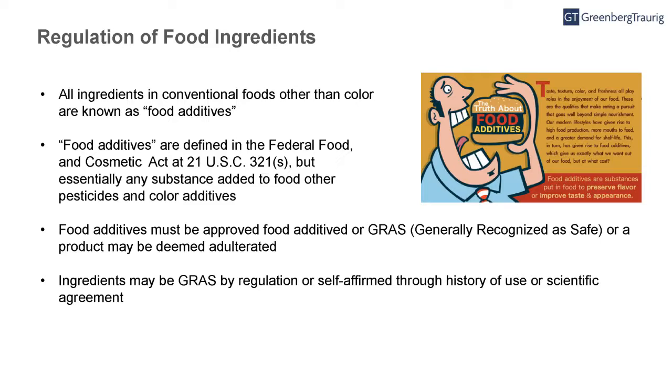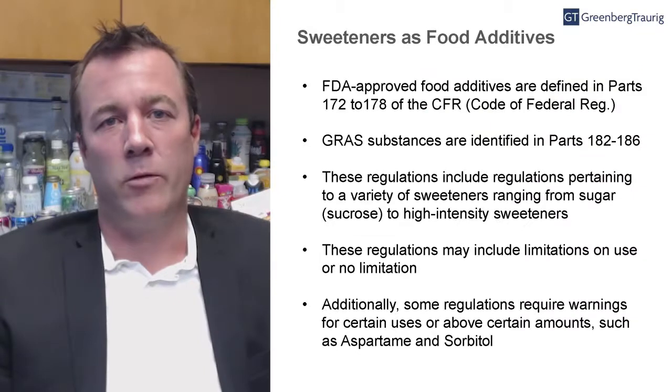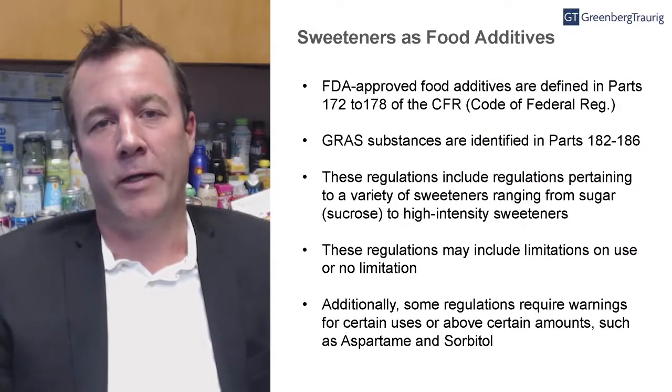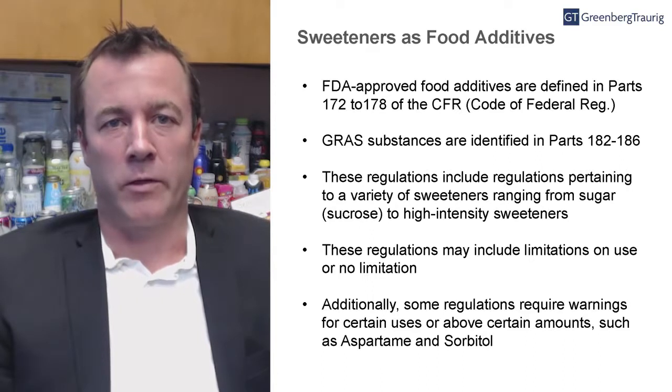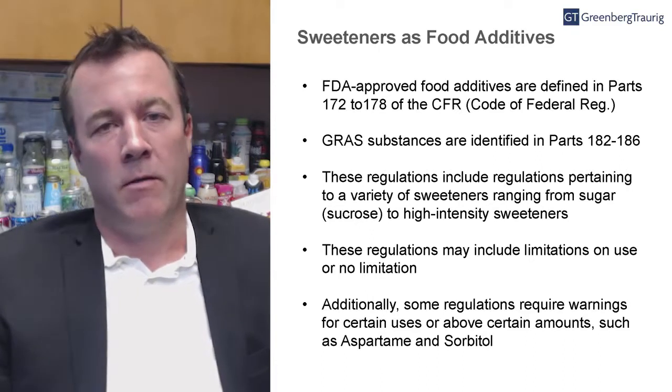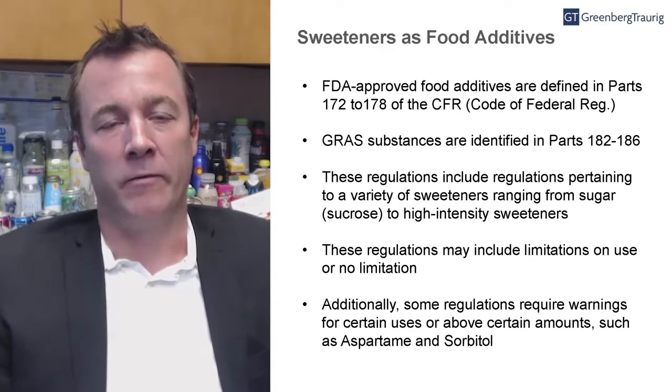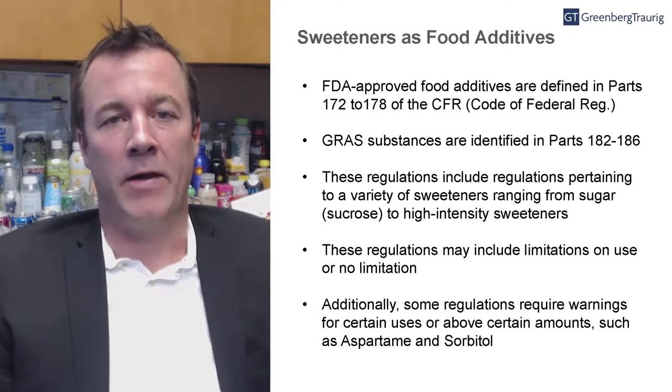The Code of Federal Regulations is a body of regulations that were implemented by the FDA to help enforce the Federal Food, Drug, and Cosmetic Act. FDA-approved food additives can be found in the Code of Federal Regulations from Parts 172 to 178. Meanwhile, those food additives that have been recognized as GRAS can be found from Parts 182 to 186.